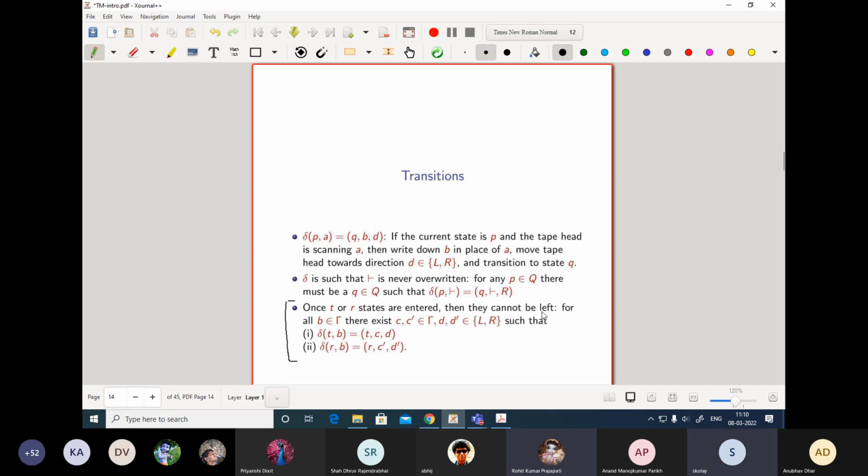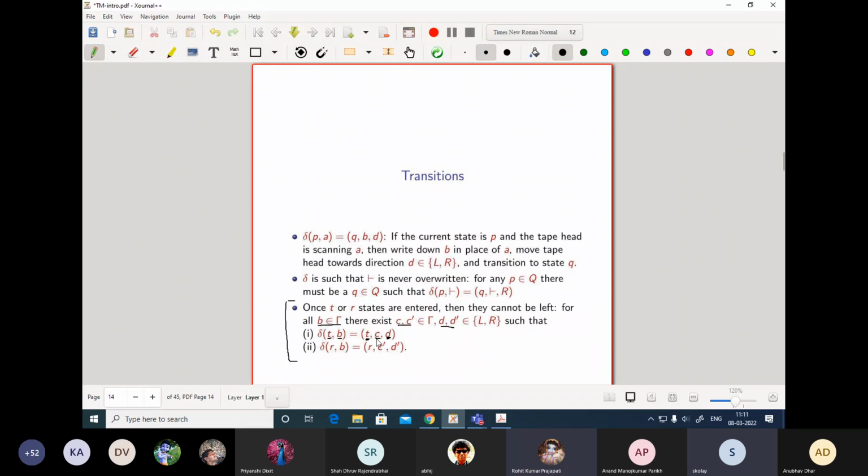That basically means in my transition function, for any tape symbol b, there will exist some tape symbols c, c dash, d, d dash, which could come from left and right, such that if you are currently at the accept state t and you're reading b, your transition function will make sure you stay in t, and then there is some c and d for the rest of the components.